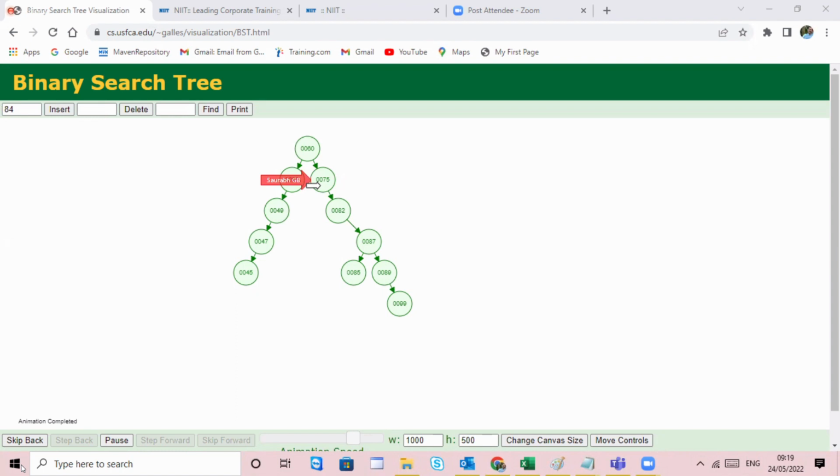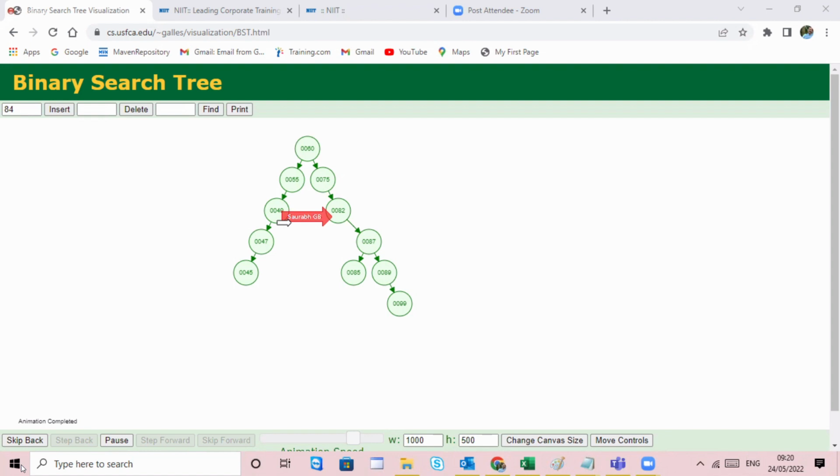If it is not, then it will visit the next one, so it will find 82. Once again 82 and 84 are compared. My newly inserted value is greater than the current node, so I need to place that value in the right hand side of 82.